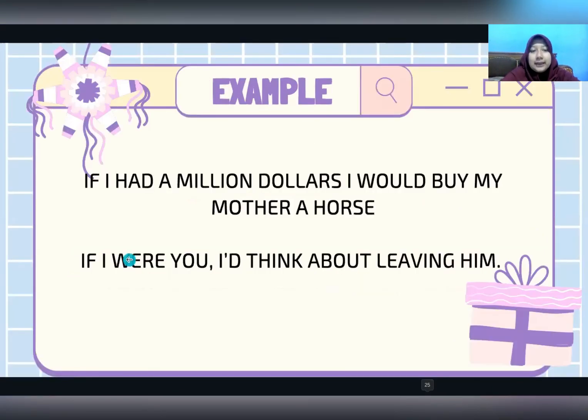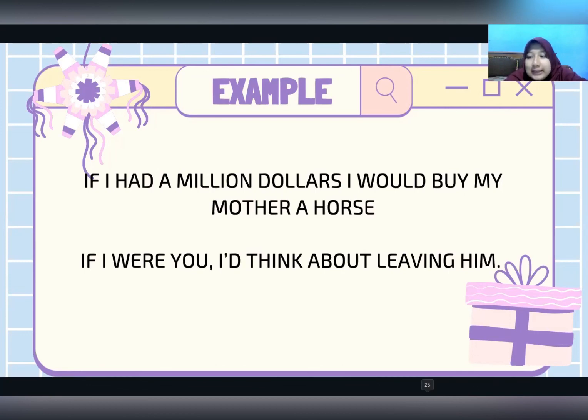The example is: if I had $1 million, I would buy my mother a horse. Or the second example: if I were you, I would think about leaving him. Why does the sentence use conditional type 2?